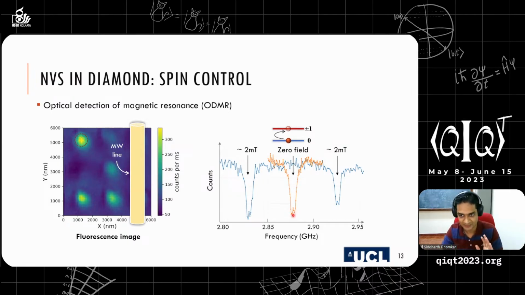Now, just by looking at this picture, you can already see that if we apply a magnetic field, it's going to cause Zeeman splitting. The plus minus 1 levels are going to split, and then you are going to get two different features: one that goes from 0 to minus 1 level, and a second that goes from 0 to plus 1 level.